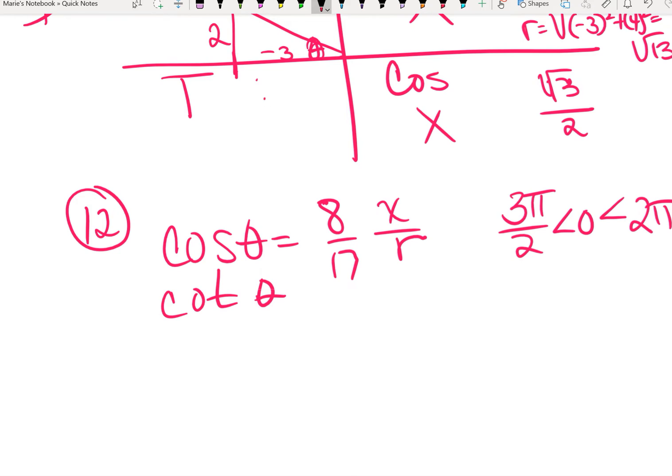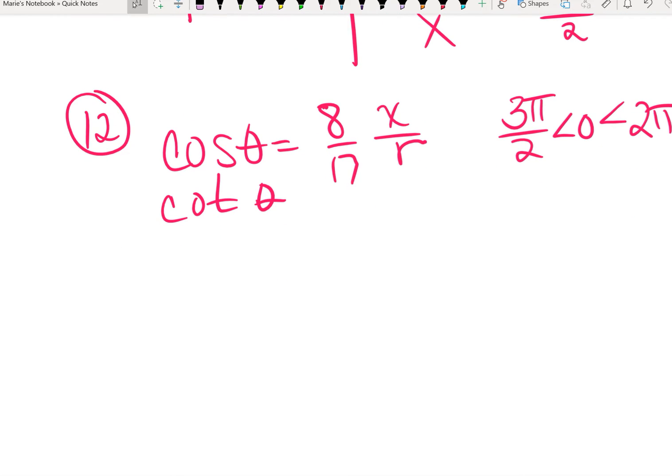So in this case, we just really need to find r. If we have cosine, we have x over r, we need to find y, because we're missing y. And this would be x over y. So in this case, I should end up with negative 8 over 15.